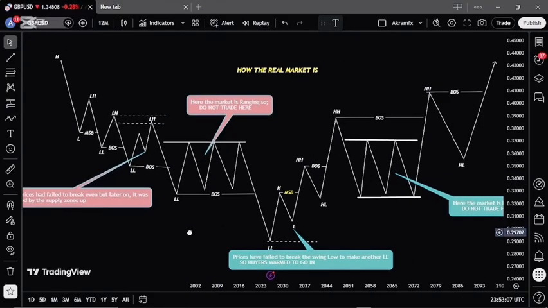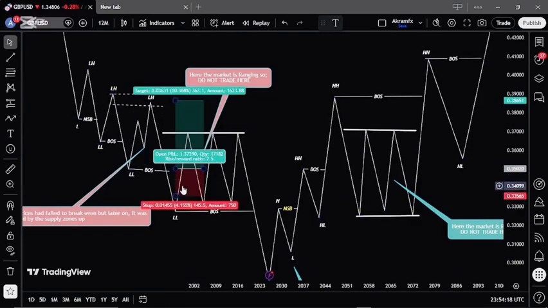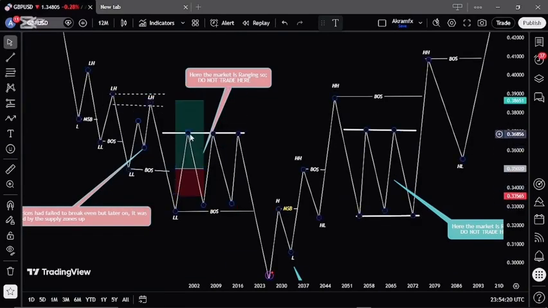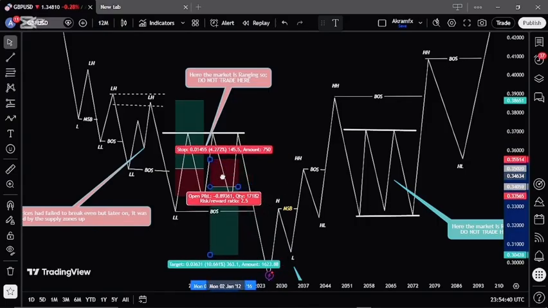Immediately the market at times starts to range. When the market is ranging here, we do not trade, because why? You enter the trade here and halfway to your profit, it comes back and stops you out. Or you sold from here, the same thing.